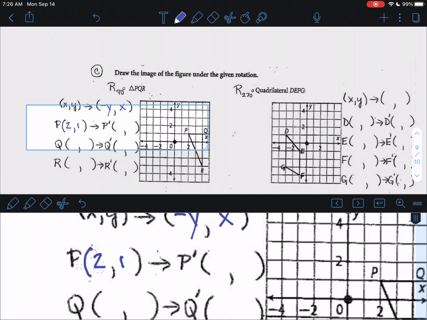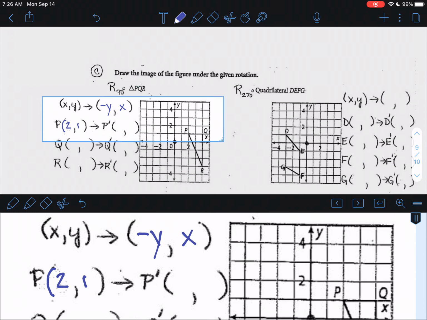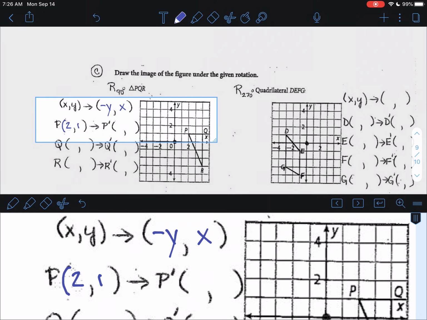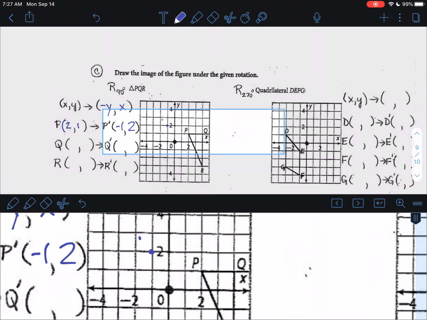When we map that, P prime goes from (x, y) to (negative y, x). Our y is 1, so negative y is negative 1, and the x stays positive, which means P prime is at (negative 1, 2). So I can plot that. Negative 1, 2, it's right there. So that's my P prime.